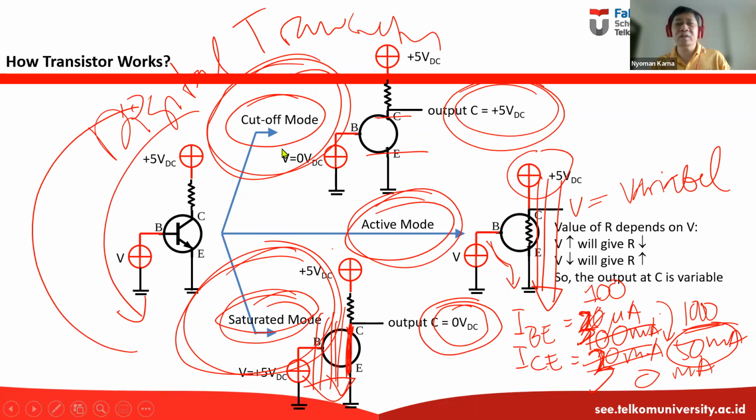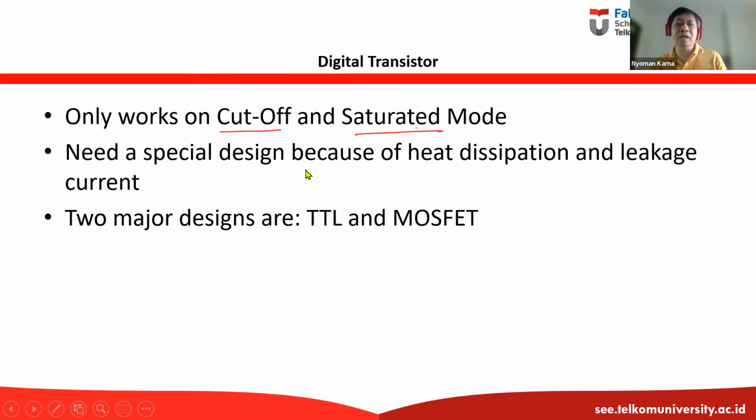So that's why we need a special transistor design to be able to work in the digital world. There are two major designs for digital transistors. The first one is the TTL, transistor-transistor logic, and the second one is the MOSFET, metal oxide semiconductor field effect transistor.